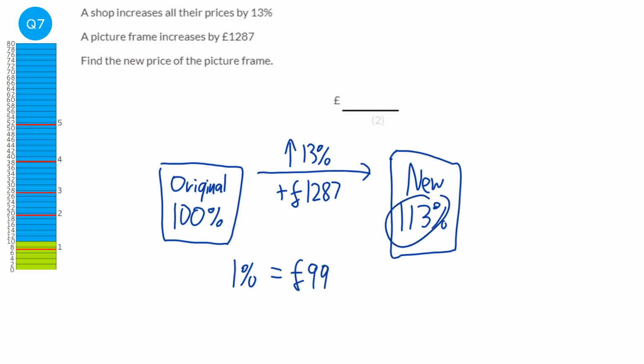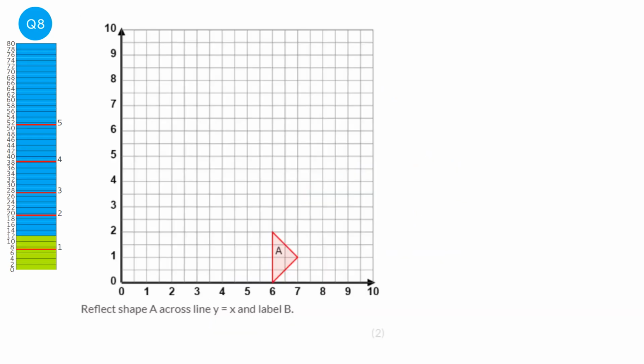But the new amount is 113%, so we need to times the £99 by 113, which gives us £11,187. So the picture is now worth £11,187.